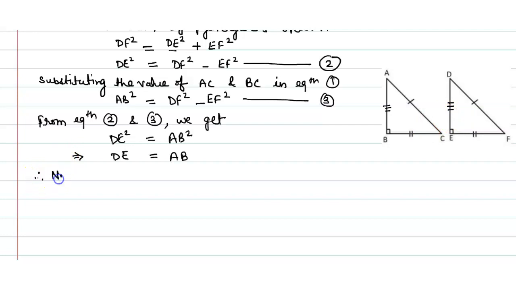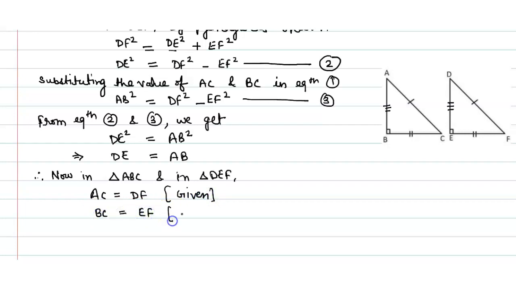Therefore, now in triangle ABC and in triangle DEF, AC is equal to DF, it's given. BC is equal to EF, it is also given, and AB is equal to DE. This we just proved above.